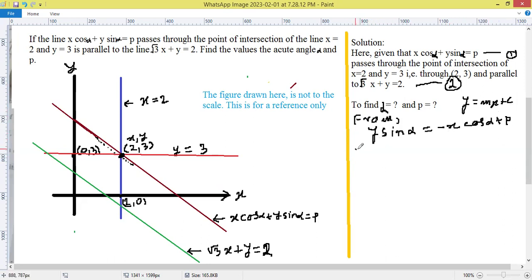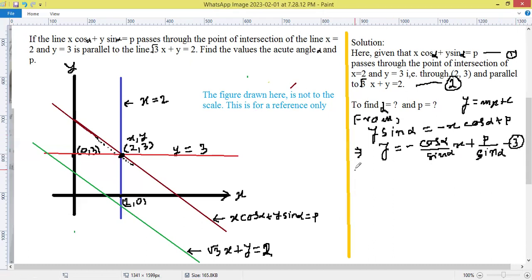So y equals, putting the constant term together, minus cos alpha over sin alpha, since sin alpha goes to the denominator, times x, and then p, because you are dividing p also by sin alpha. So it's p by sin alpha. This is equation 3.